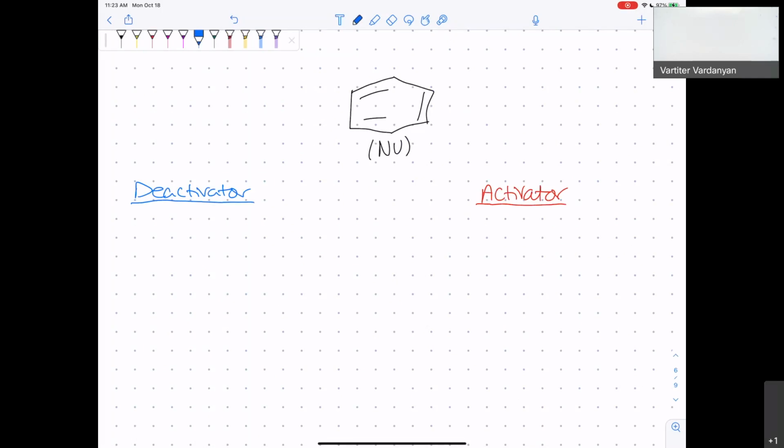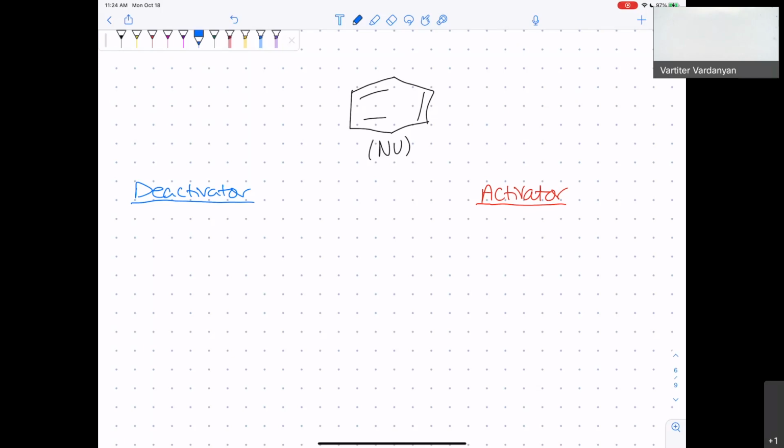And so when we think about past chapters with donating groups, withdrawing groups, especially think about Diels-Alder reactions, what makes a nucleophile more active? Could be, yeah, depending on what kind of reaction we have. That's true. Electron donating groups. Yes, so I think you guys are all on the right track.